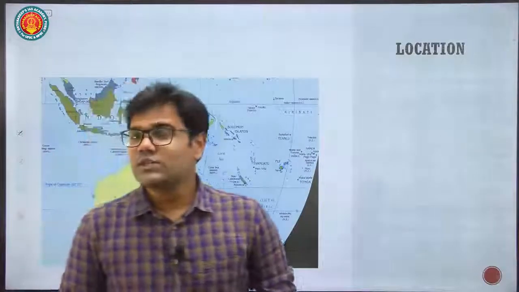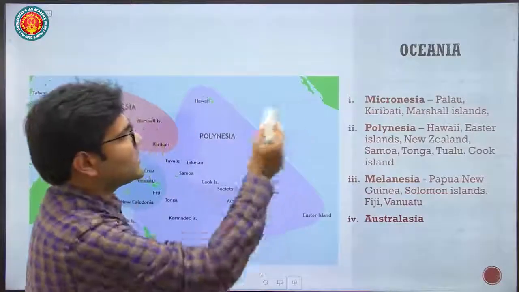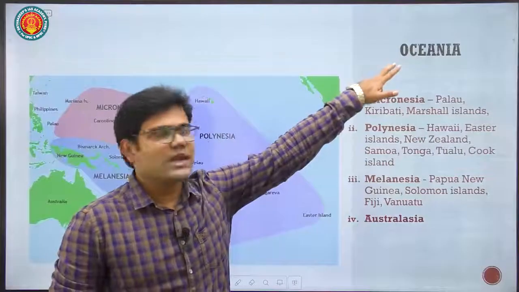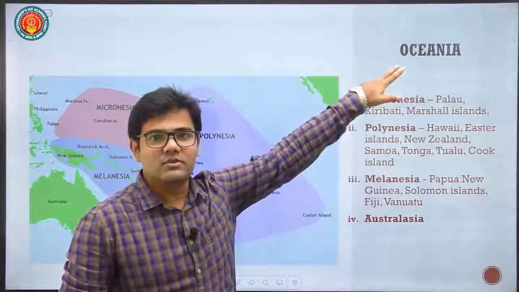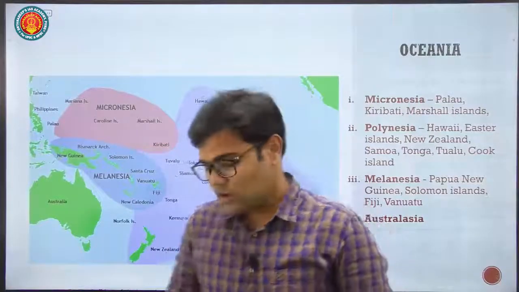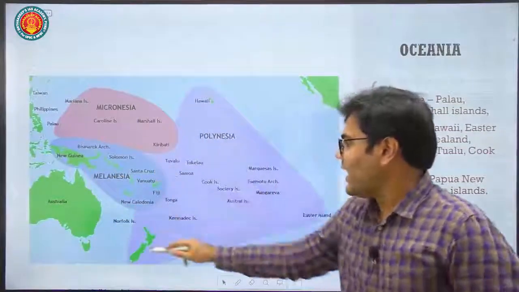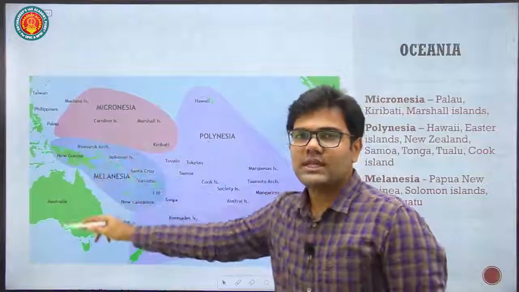Then what is Oceania? The concept of Oceania is the name of a region. Oceania is not a continent. Instead, Oceania is a region which consists of numerous islands located in the Pacific Ocean. Here you can see the islands in the Pacific Ocean, and they have been classified into three major parts.